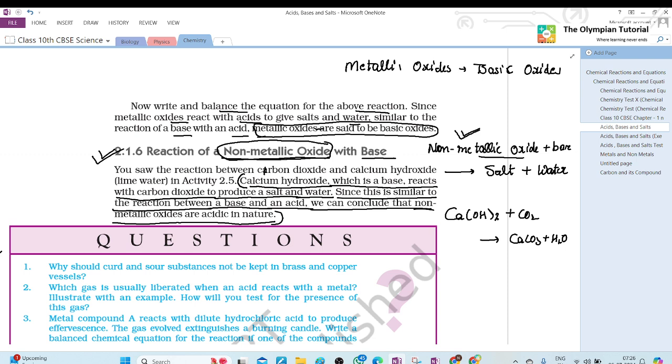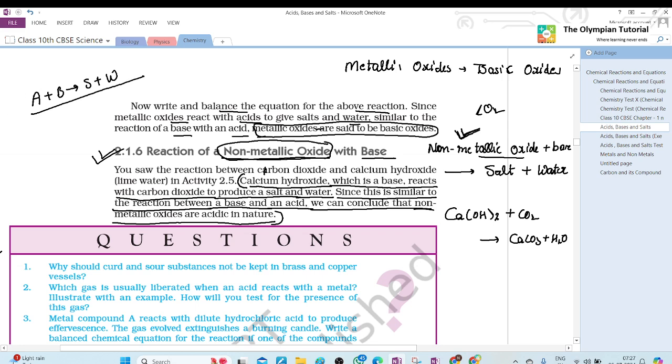Actually, how is that possible? What makes the difference between a proper acid or base and what can act as an acid or base? Non-metallic oxides like carbon dioxide on reacting with base give salt and water. And in our neutralization reaction we studied that when acid reacts with base, it gives salt and water.